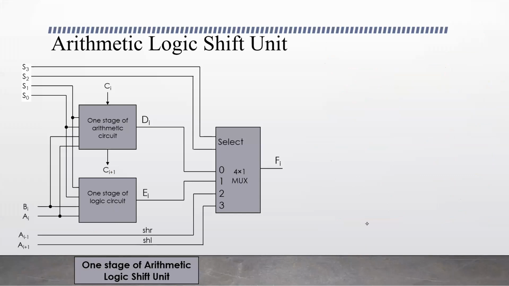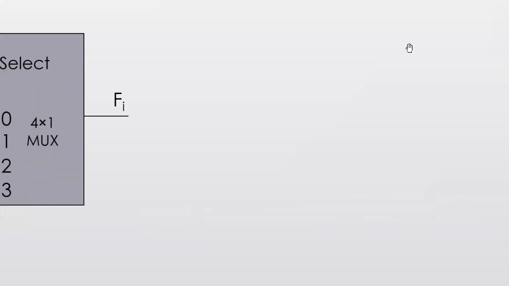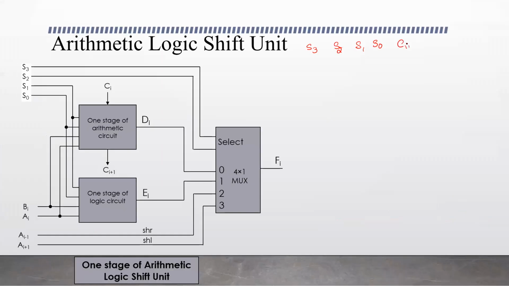The selection inputs here are S3, S2, S1, S0, and the carry input Cin to the arithmetic and logic circuits only. The output is Fi.